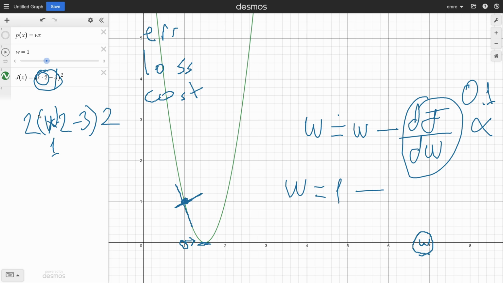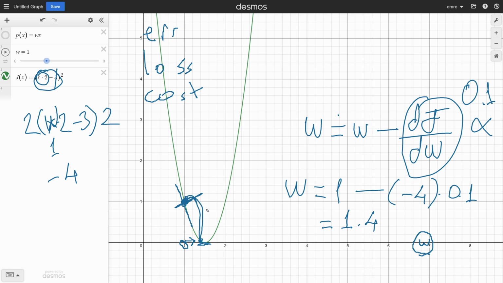So the result of this expression is, it seems, minus 4. The new value of W will be 0.4.